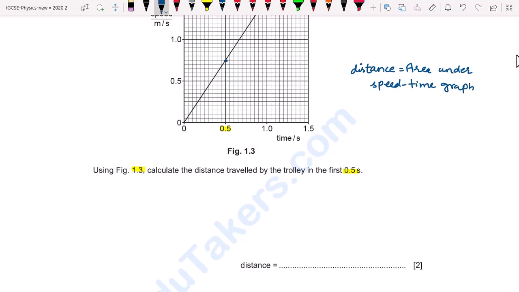Both are meeting at this point, and the speed at this point is 0.75 and time is given as 0.5 seconds.